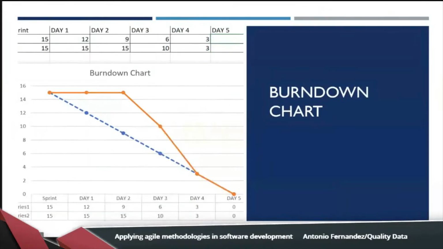Now, how can we do monitoring and control of our iteration? Let's suppose that we have an iteration of 5 days with 15 story points after the meeting. At day 0, the moment of the planning, we have 15 points to complete. And we can use the burn down chart.